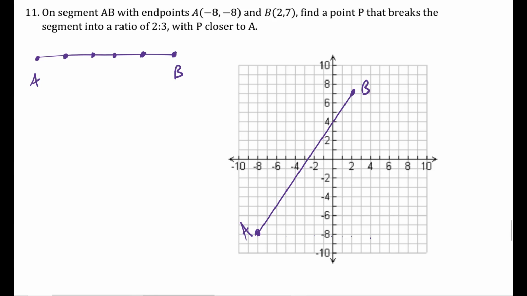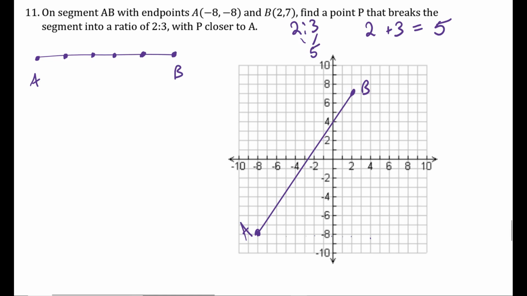For number 11, on segment AB with endpoints A at -8, -8, and B at 2, 7, find a point P that breaks the segment into a ratio of 2 to 3 with P closer to A. So remember that if we're breaking something into a ratio of 2 to 3, that means it's 2 parts to 3 parts. So together we're breaking it into 5 parts.